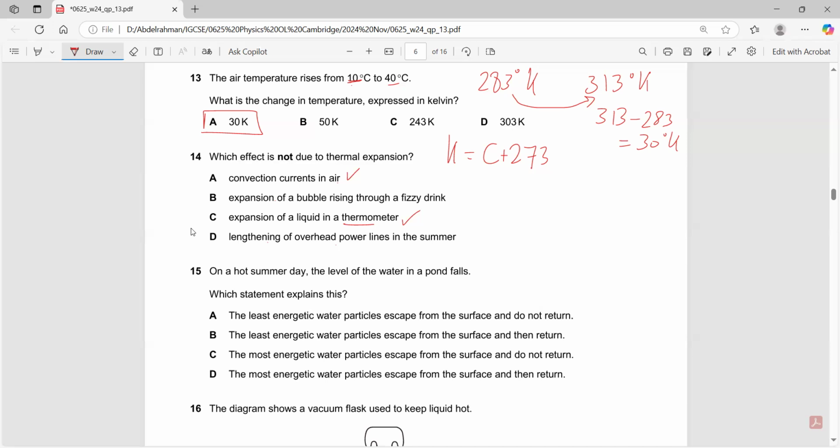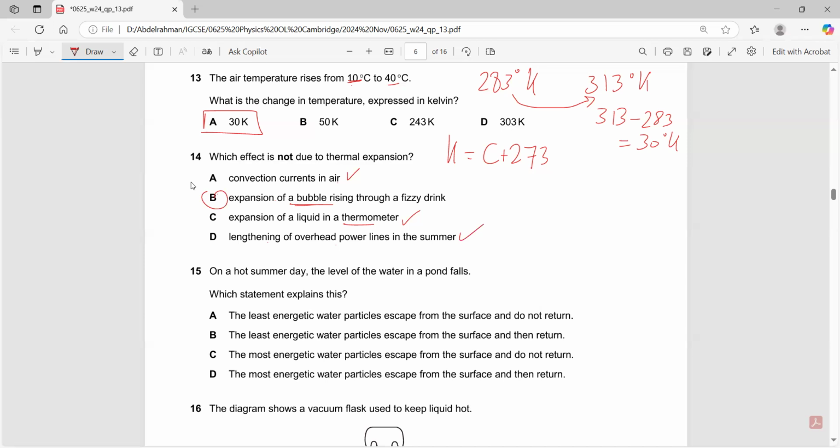Yes, it does increase due to the heat. So this is actually right. So the only wrong answer would be B. Why? Because as the bubble rises up from water, what happens to the volume?